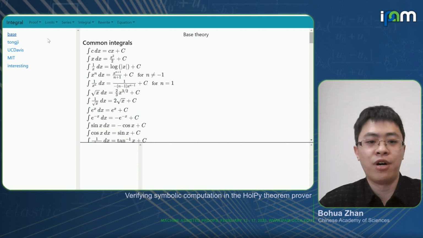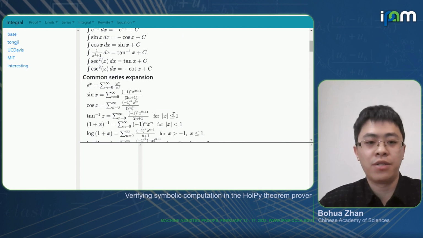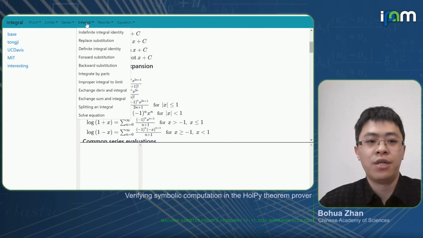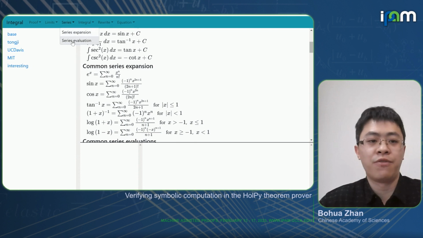In particular, we have a base theory here that contains some of the standard identities that we assume as axioms, and all these can potentially be used when we choose things like indefinite or definite integral identity or evaluation of series in future computations.